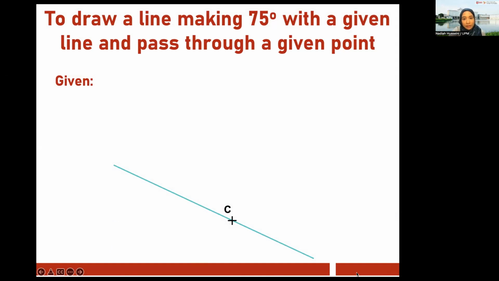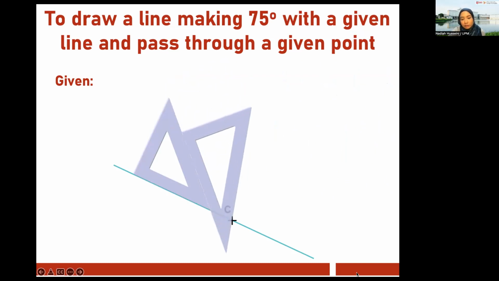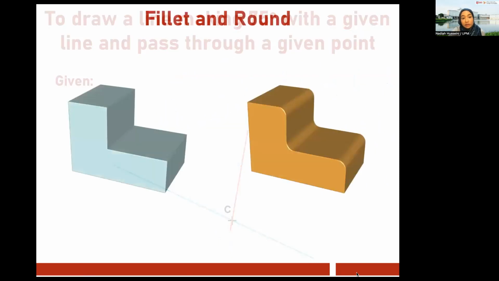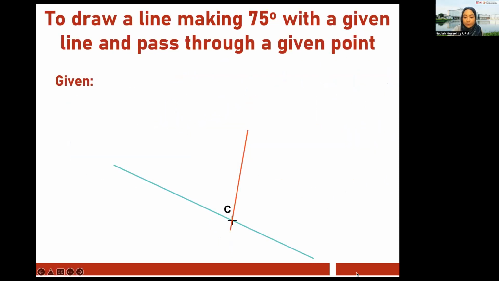Okay, to draw a line making 75 degrees with a given line. So this one is not the angle of your triangle. So kena apa? 60 plus 15, right? Okay, so here they are telling you ada 45 degree triangle and 60, buat a square, make a line over there, and that is your 75. Again.